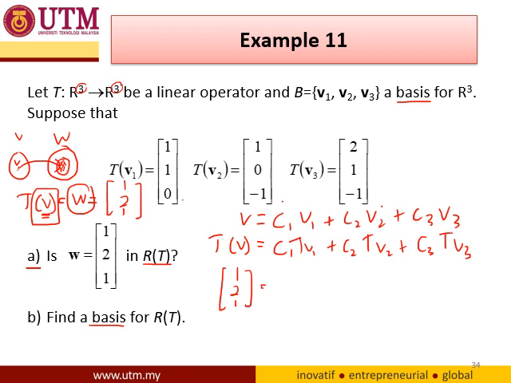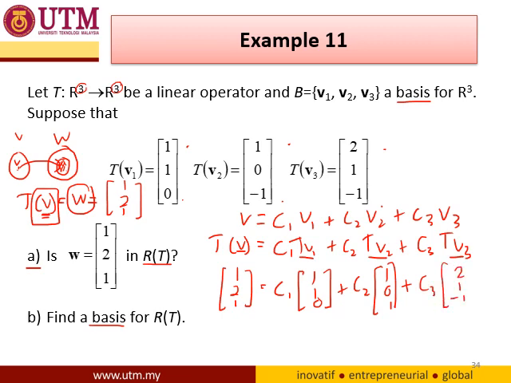We need to find the V before the transformation. We don't know our C's, but we know all of the transformations of V1, V2, V3, which they give to us here. So this is C1 (1, 1, 0) plus C2 (1, 0, 1) plus C3 (2, 1, 1).